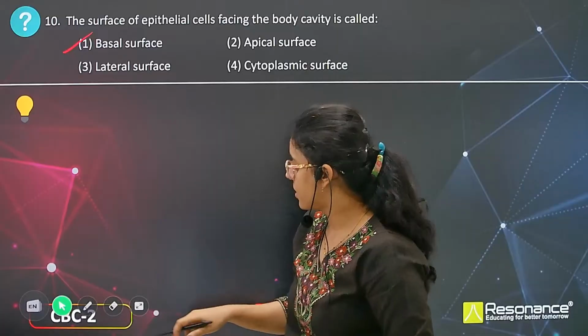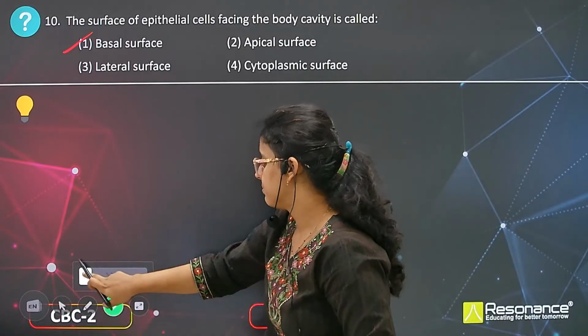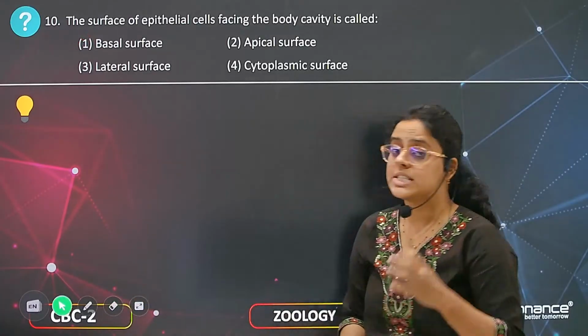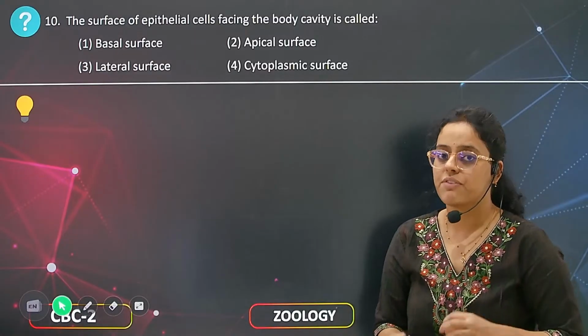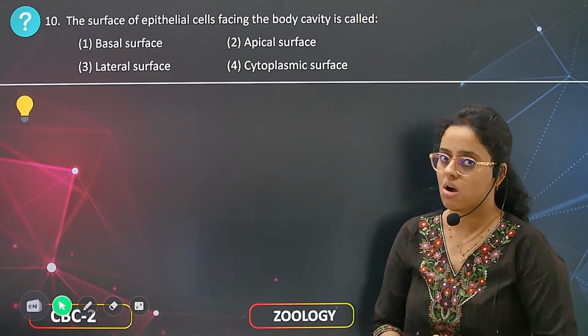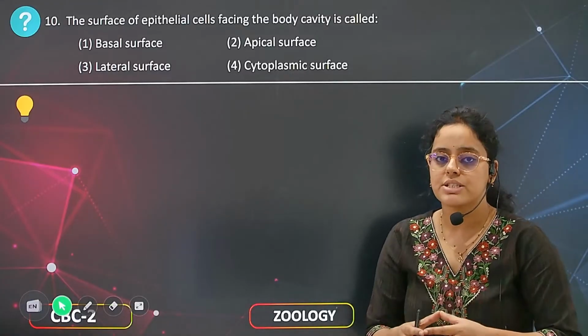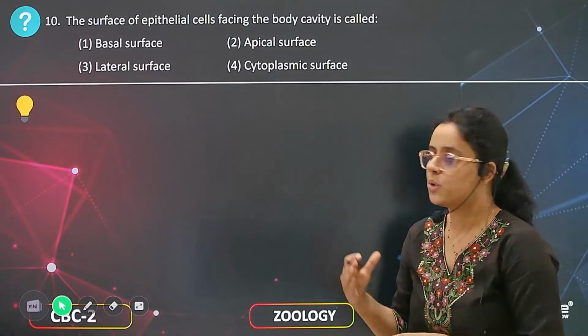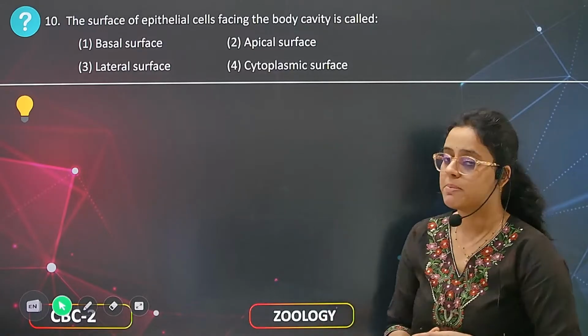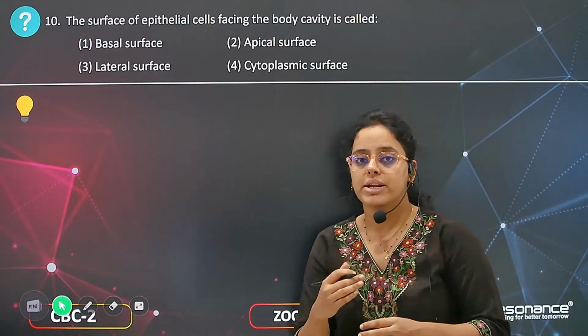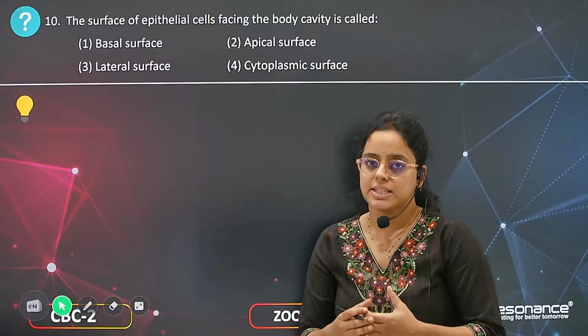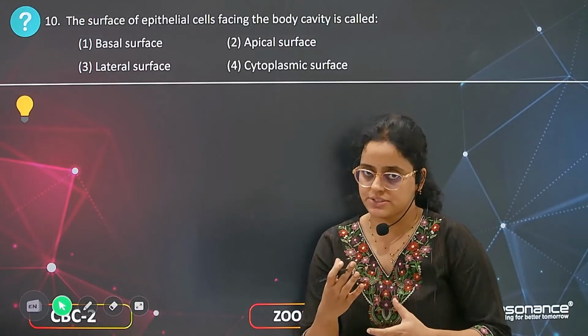Now coming to the next question, the surface of epithelial cells facing the body cavity is called the basal surface, apical surface, lateral surface or cytoplasmic surface. The surface of epithelial cells facing the body cavity is basically the lateral surface.